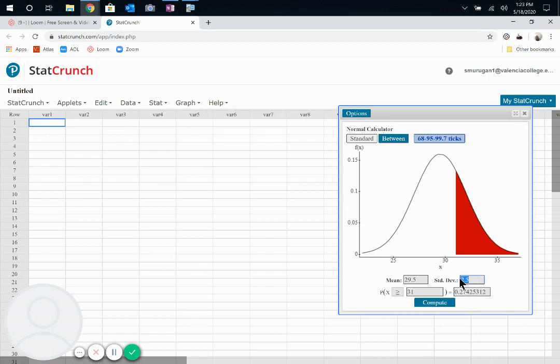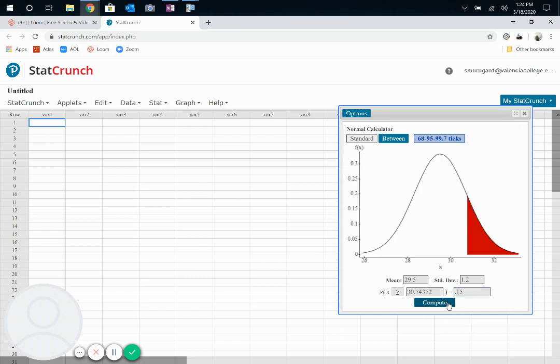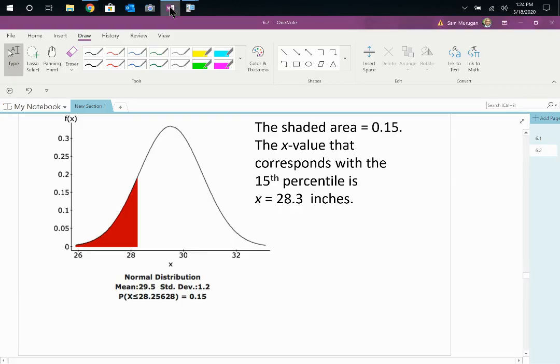Sorry, this is now 1.2, right? 1.2. And they're giving us the probability, so right here is blank. The probability is the 15th percentile, 0.15. And compute, and you're getting 30.7434. So I must have had some number wrong here.